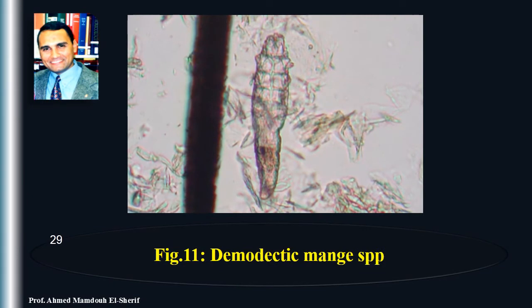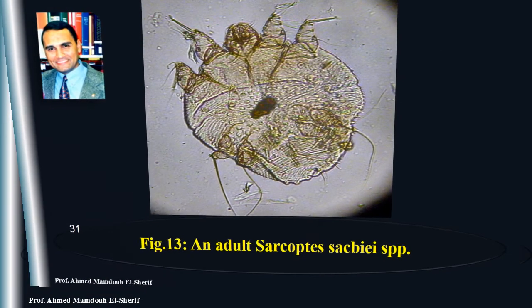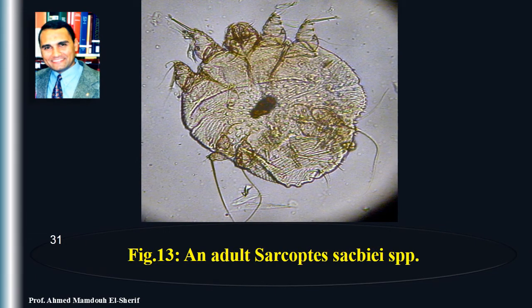A figure of demodectic mange species. The shape of Sarcoptes scabiei, both adult and eggs. Adult of Sarcoptes scabiei.